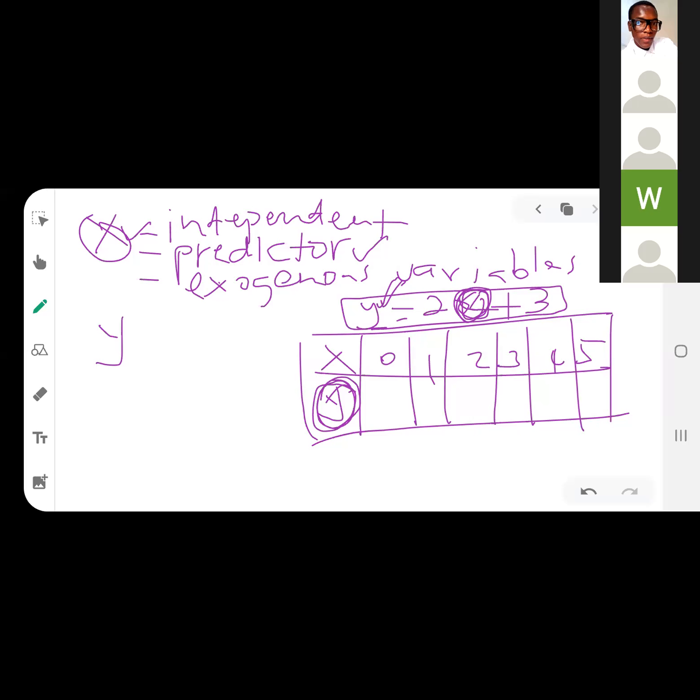Without the floor, we cannot have the wall. Meaning that when you draw your graph as well, the horizontal line represents the x values, and the x values are the predictor variables, or the independent variables, or the exogenous variables.